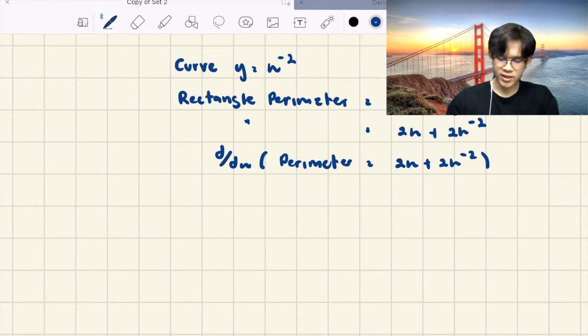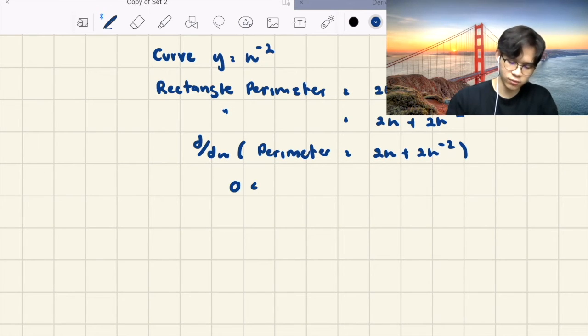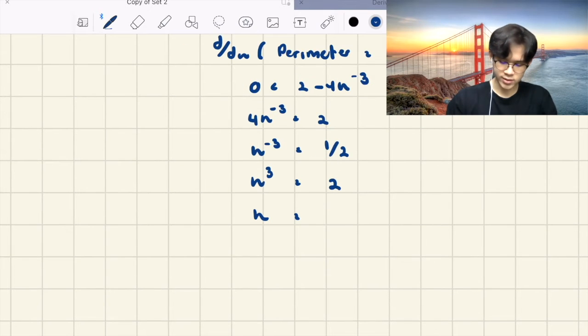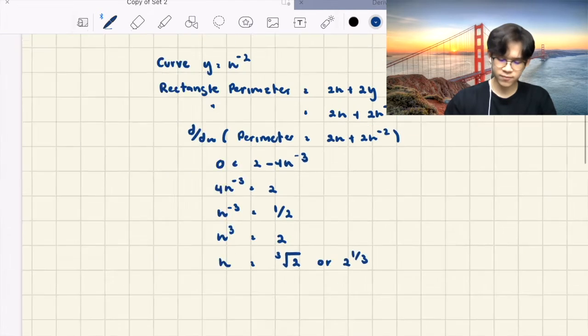Since the perimeter is a number with no variables, after the differentiation it will be 0. So x is equal to the cube root of 2, or you can write it as 2 to the power of -1/3.